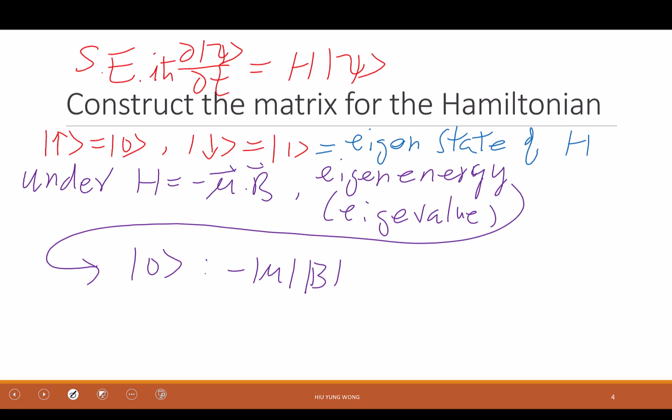It is lower. And the eigenenergy of 1 is positive mu B. This is confusing. Any questions?